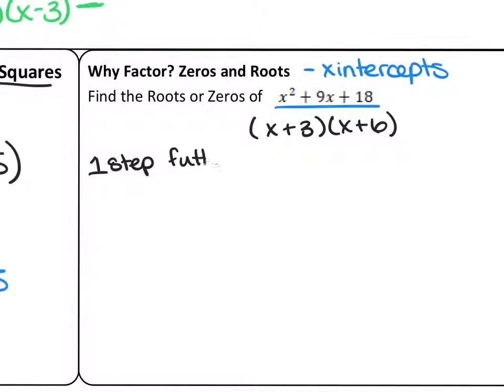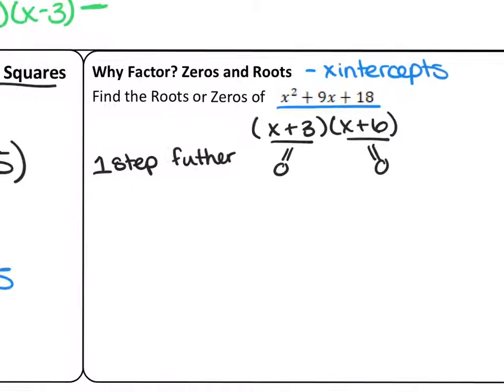What you're actually going to do is find out when this bracket equals 0 or this bracket equals 0. Because if either one of those equals 0, then the whole thing is 0, y is equal to 0, and it will give you the x-intercepts. So I'm going to set x plus 3 equal to 0, or x plus 6 equals 0. And the idea is then to solve it.